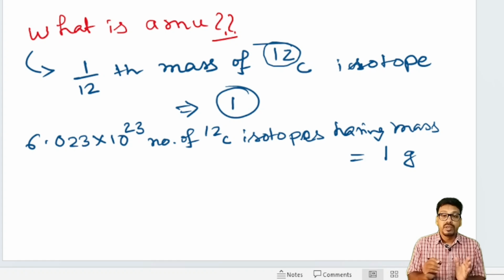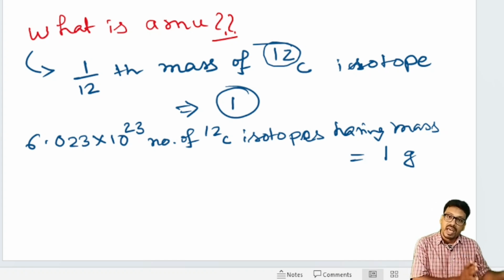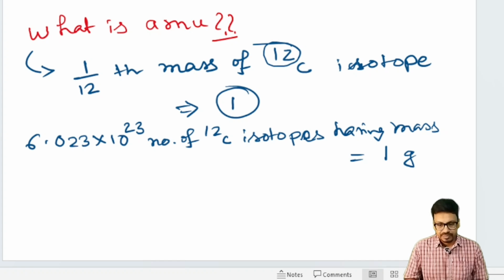That means if we represent the atomic mass in gram, the substance contains the Avogadro number of particles.